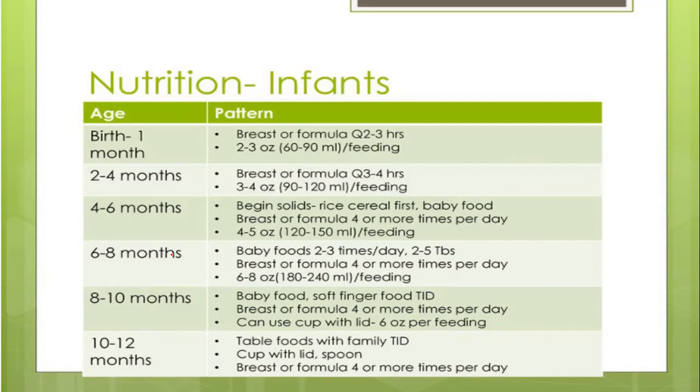And from 10 to 12 months, table foods with family 3 times a day, and a cup with a lid with a spoon, because they have already developed this feature. And also breast or formula fed 4 times per day.